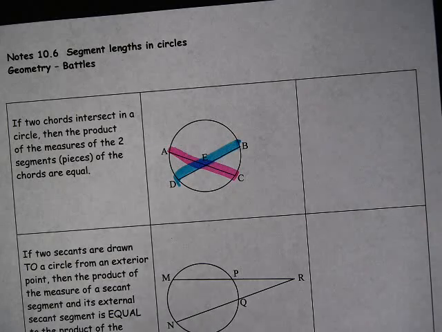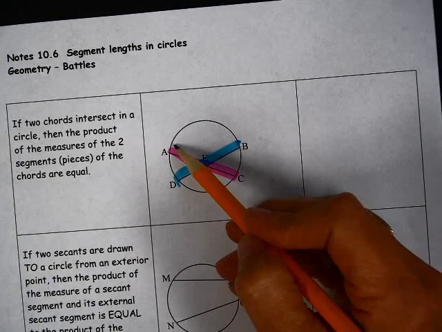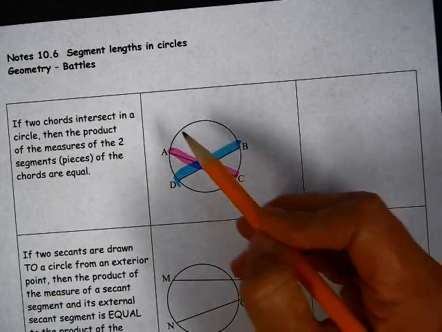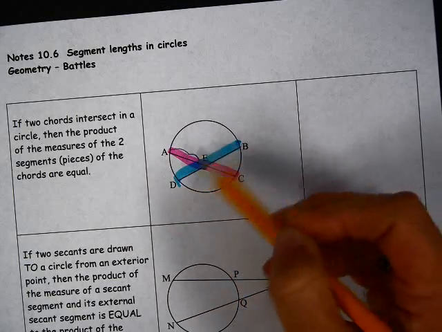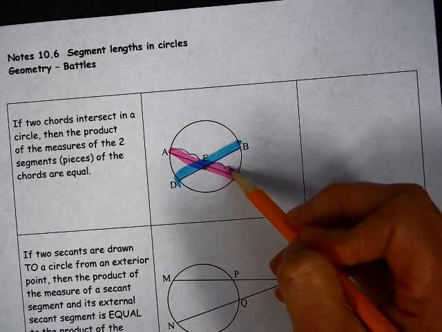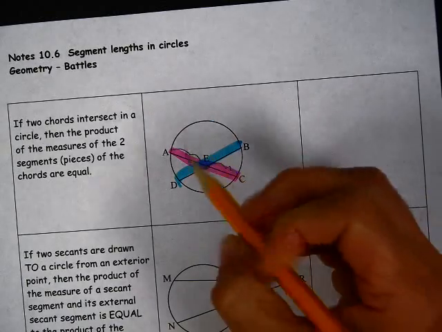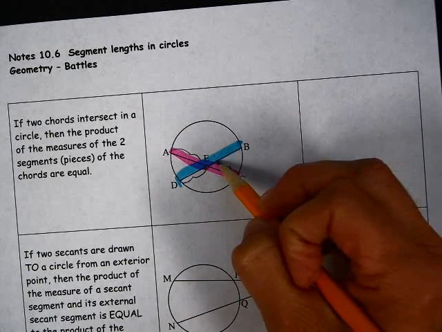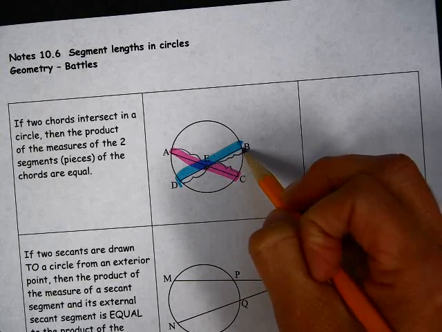That's a little confusing to understand, but what it's talking about is when they intersect at point E, this segment here times this segment here is equal to this segment times this segment.